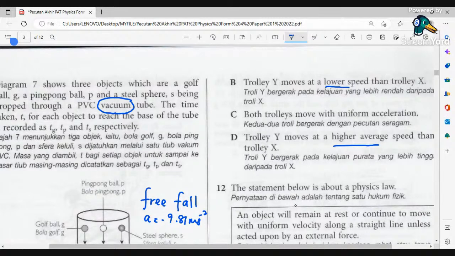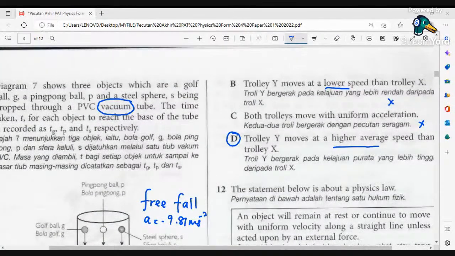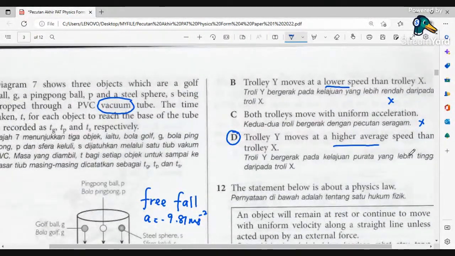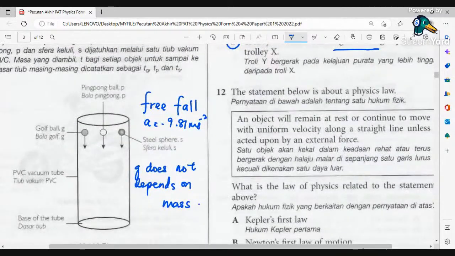Sebab dia tak ada bagi yang lain, so I need to use this one, average speed atau average velocity. The rest all wrong. Okay. Ada soalan boleh tanya. Soalan ni lebih banyak macam hot question. So you kena make sure you faham semua konsep.